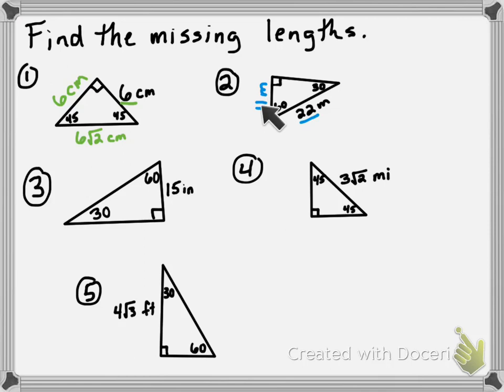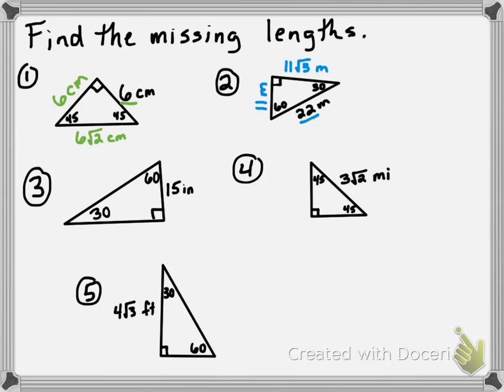And then if the short leg is 11 meters, then that tells me that the long leg is 11 times the square root of 3 meters. Okay? Now, when you're doing a 30, 60, 90, always find the short leg first. Unless that's the one it gave you, and then you can find whichever one you want first. Okay? Because you use the short leg to find the hypotenuse. You use the short leg to find the long leg. Alright, so there's our relationship.